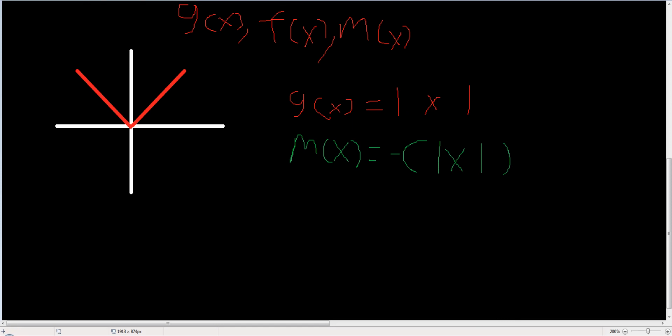And if you graph that, you will have something like this. I hope you guys can really graph these simple functions right now, because calculus requires a lot of visualizing. And if you can visualize all of this stuff, then you are very close to success.